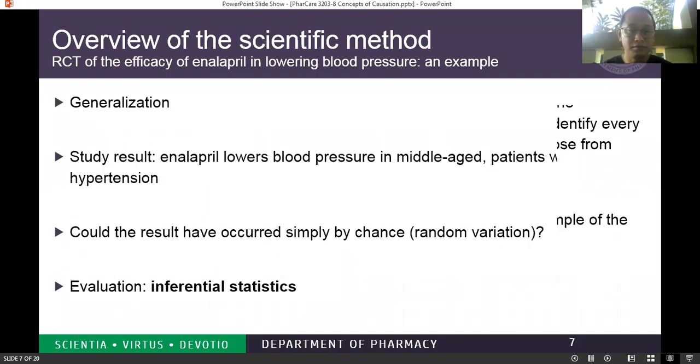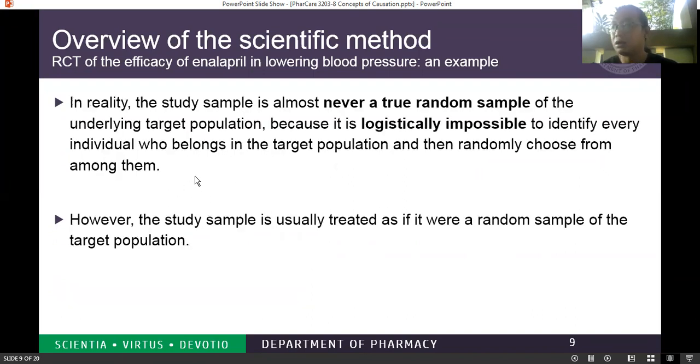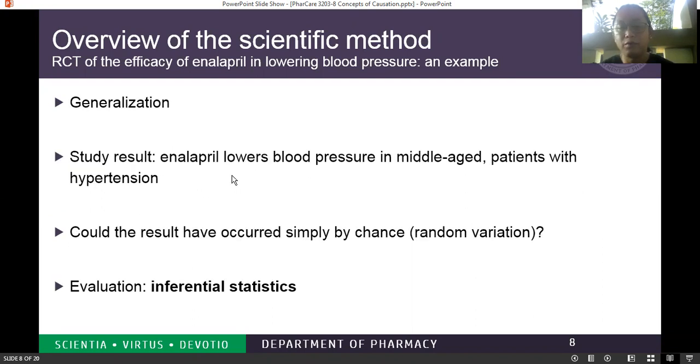Okay. And then about the generalization, we may have a problem if we want to make a generalization, but as long as we stick to the procedures and our procedures are correct, then we can have generalizations for our population of interest.